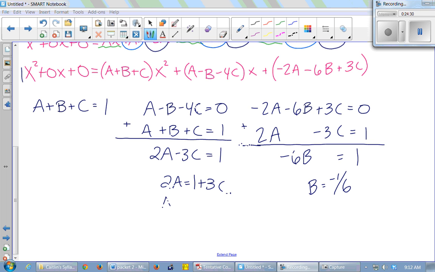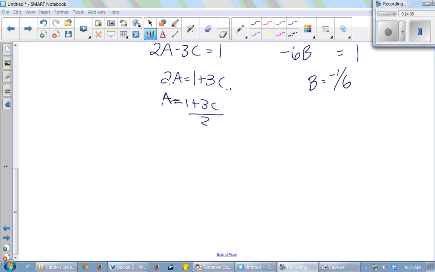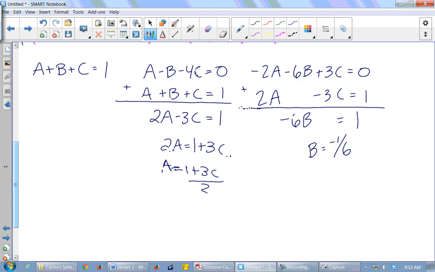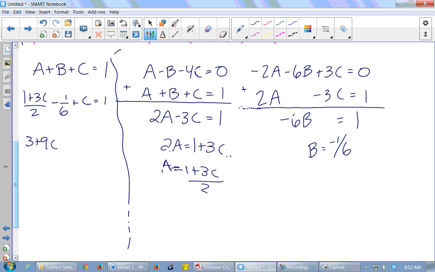Okay, I should finish solving for a here. 1 plus 3c over 2. Okay, so now I have an equation with just c's in it. So I'm just going to multiply everything on both sides by 6. I'm going to clear the denominators. So I'm going to end up with 3 plus 9c minus 1 plus c equals 1.